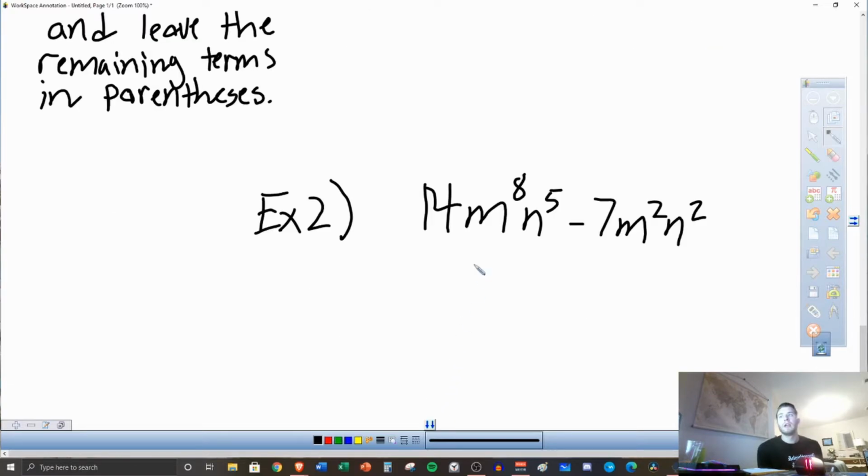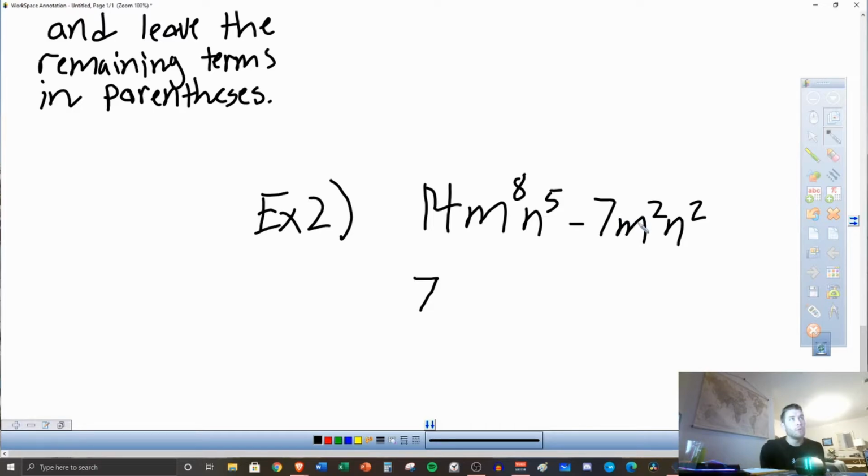is we want to check the numbers, 14 and 7. What is the GCF of 14 and 7? Hopefully you're thinking, oh, 7, right? 7 goes into 14. I can divide 7 by itself. That works, and that would be correct. So 7 goes here. Next, look at m to the 8th, m to the 2nd. How many could I take from both?